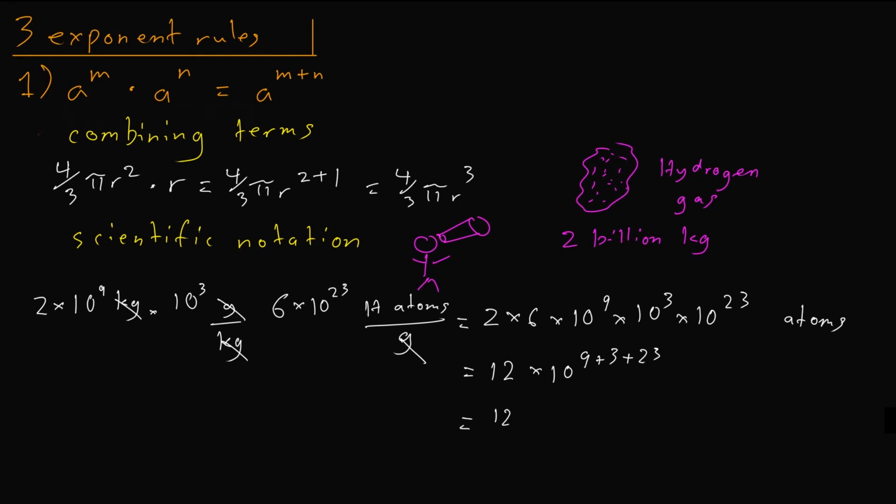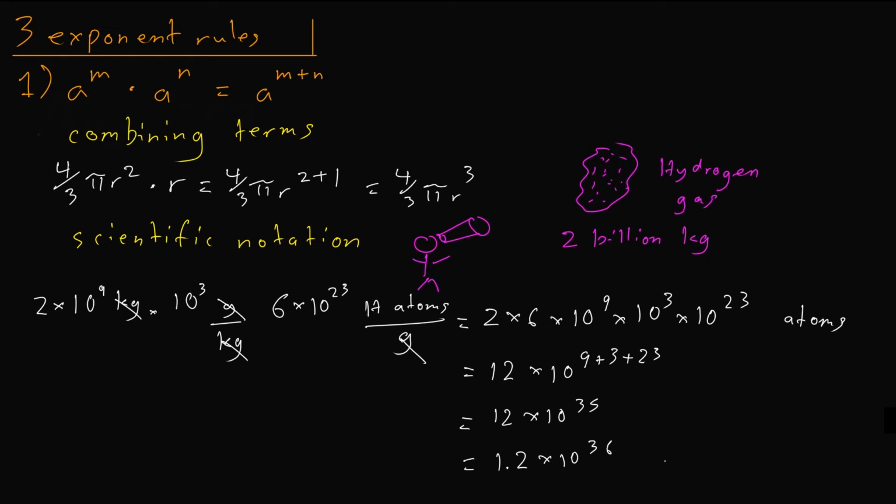That's going to be 12 times 10 to the, what is this? 23 plus 3 is 26 plus 9 is going to be 35. 12 times 10 to the 35 atoms, okay? And if we want to keep this in scientific notation, then we'll want to move this decimal point over there, right? So we can rewrite this as 1.2 times 10 to the 36.